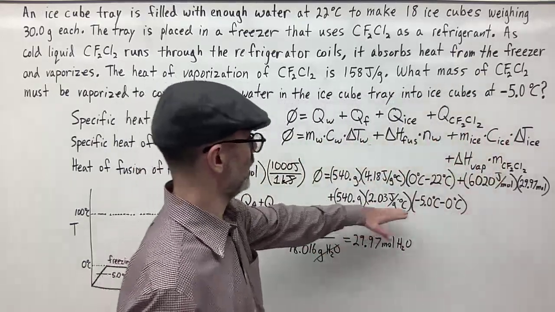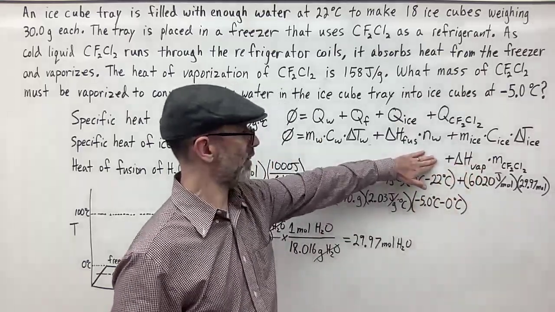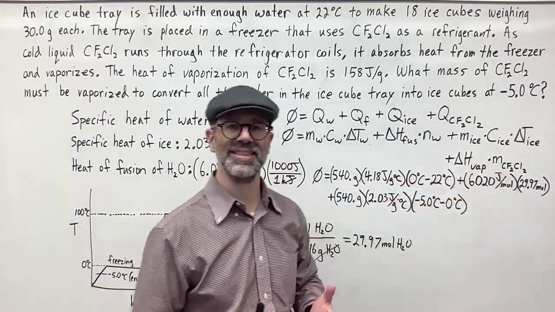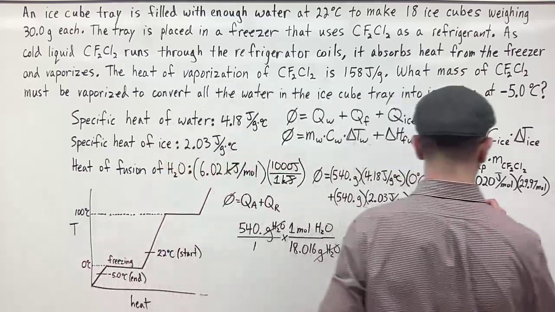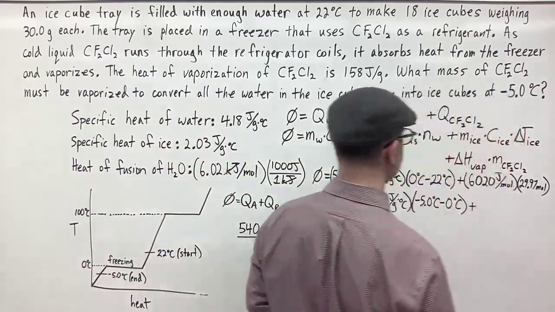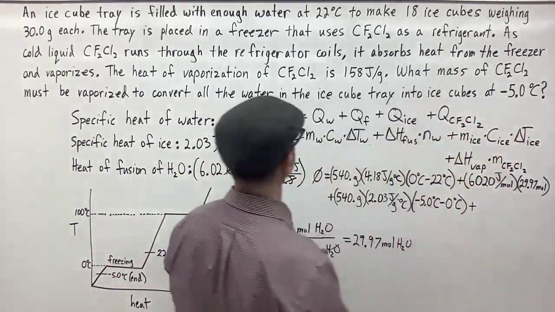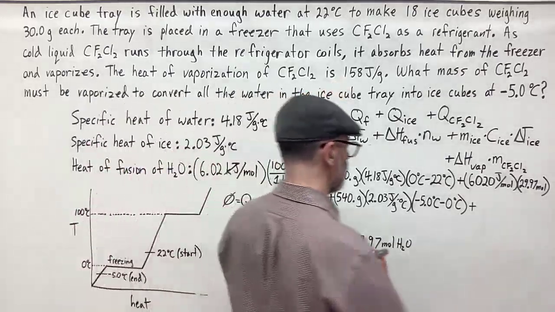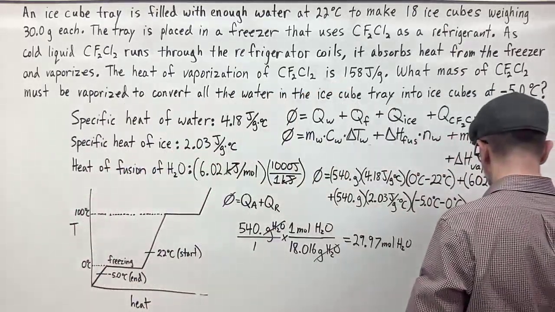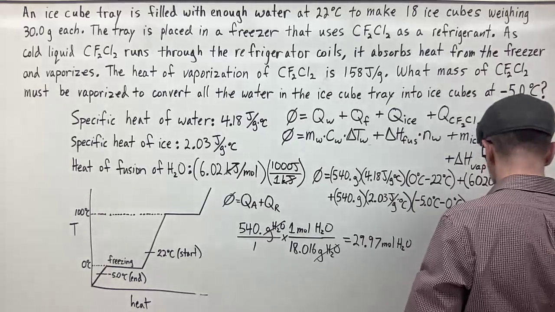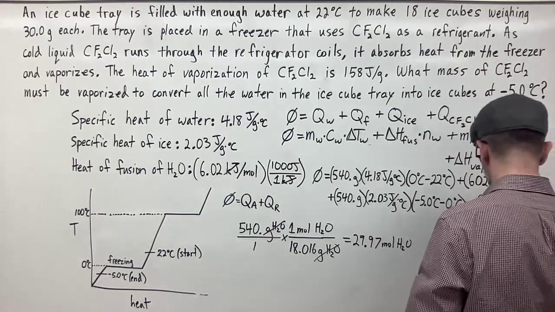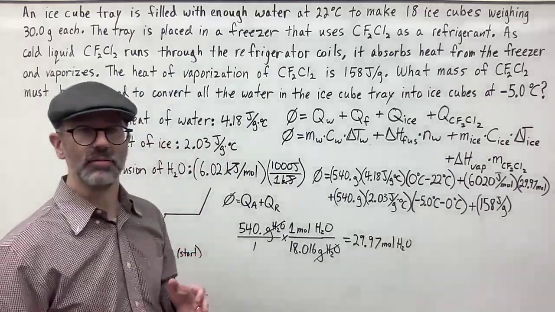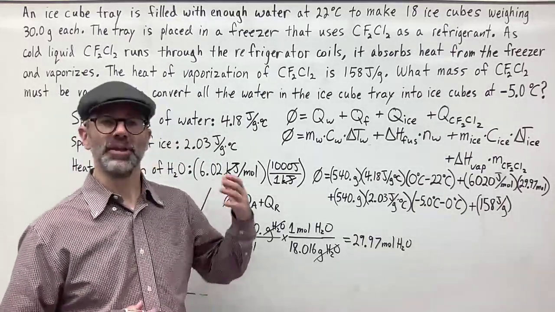So now we have the ice. And then finally, we're going to add the delta H of vaporization. So the vaporization of the CF2Cl2. So we're going to add to that the heat of vaporization of CF2Cl2, which is 158 joules per gram. So 158 joules per gram multiplied by the mass of the CF2Cl2, but that's what we're looking for.